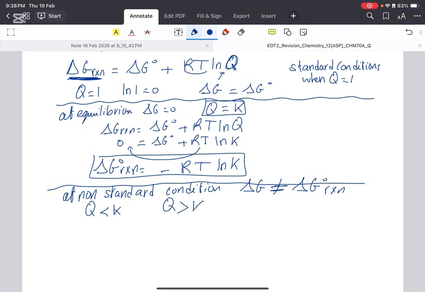If Q is more than K, it means that the reaction passed equilibrium. So this one will tell you what's actually going on. So in general, at non-standard conditions, we use this formula, delta G standard plus RT ln Q, and we calculate Q and we will know where the reaction stands.